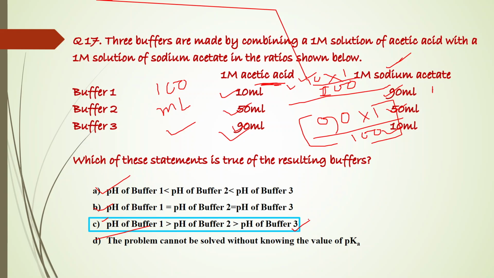Some got it wrong in the last part, because it has more acid. More acid means the pH should decrease. So the correct option will be option C, where the pH of buffer 3 will be minimum, because it has the maximum acid part present in your system. Okay, I hope it is clear.